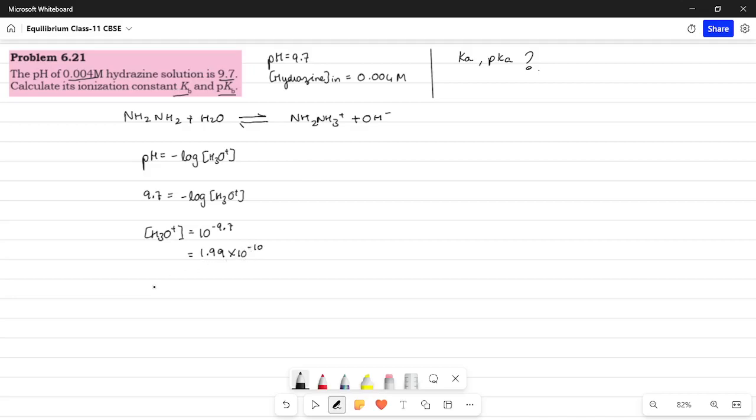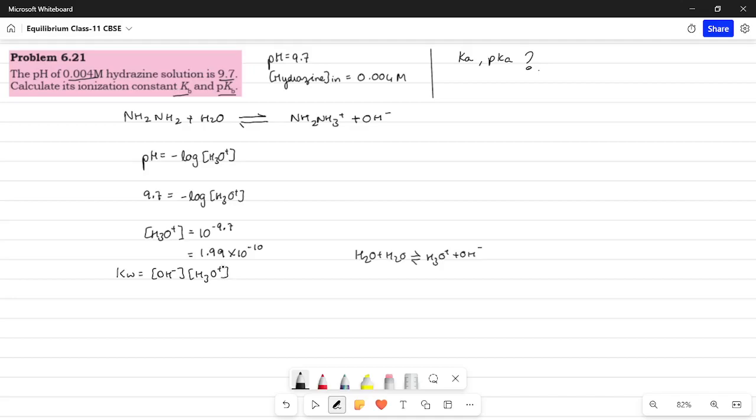Now, we know that from the ionic product of water, if you remember the value of Kw, do you remember this equation? H2O plus H2O gives rise to H3O plus and OH minus. So for the ionic product of water, you have Kw is the concentration of OH minus into the concentration of H3O plus.